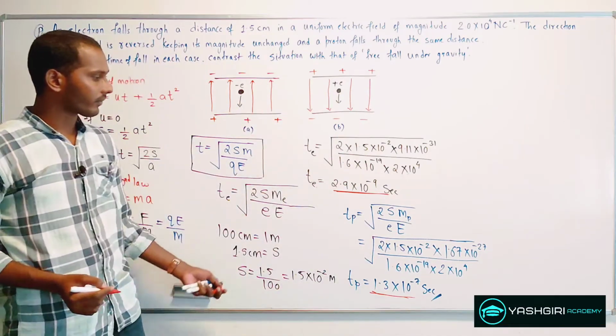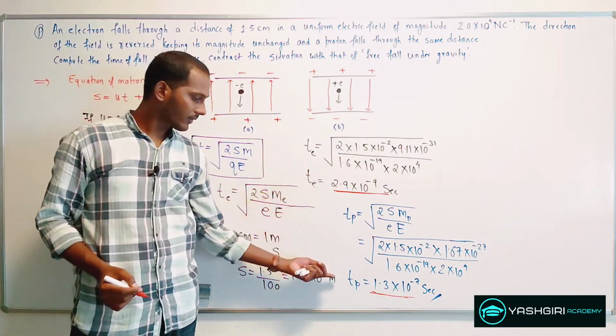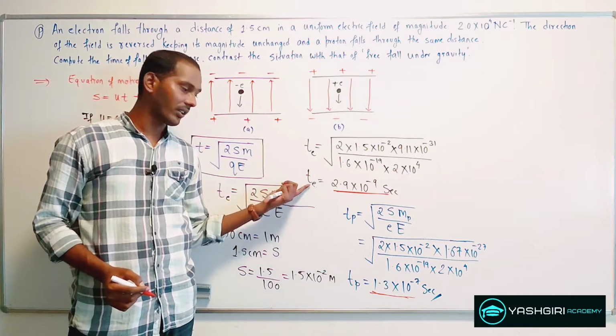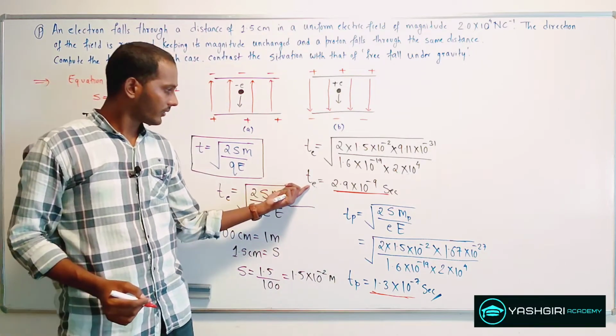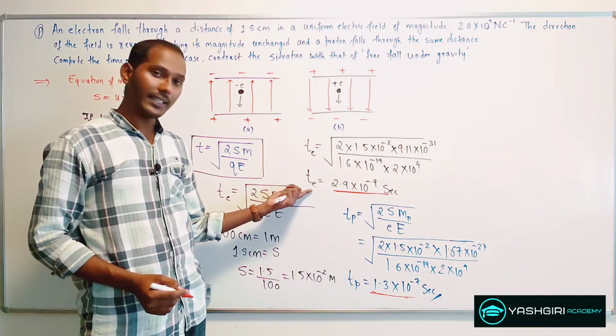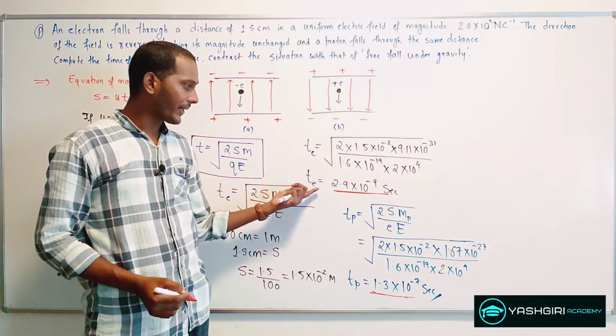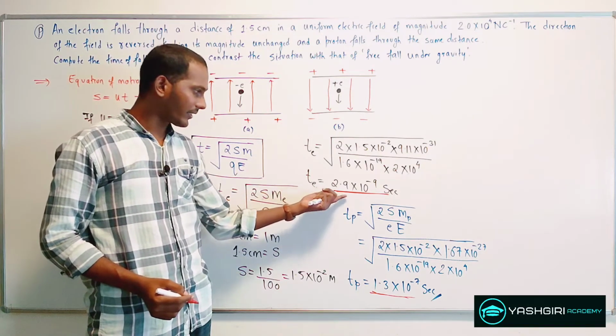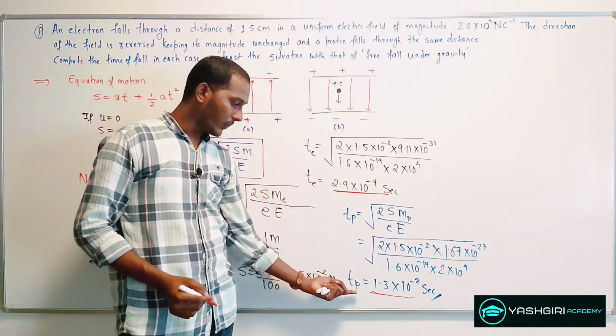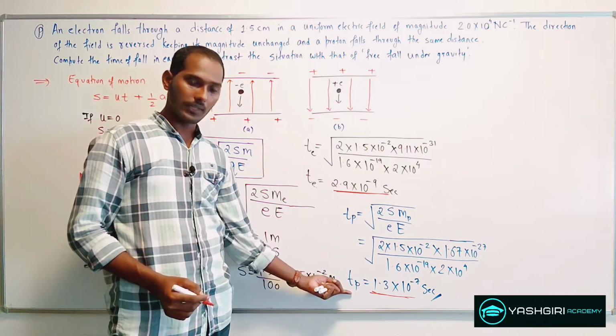Now here, if you see this, the time taken by your electron is very, very small if you compare it with the time taken by your proton, correct?